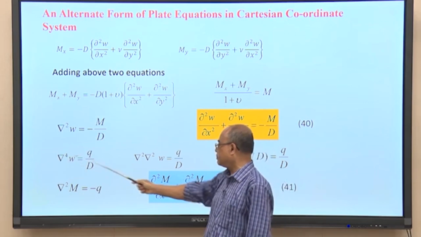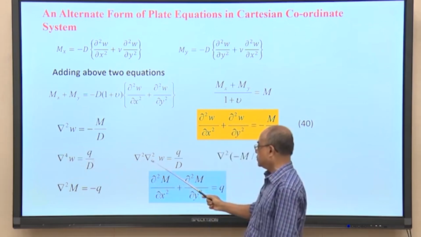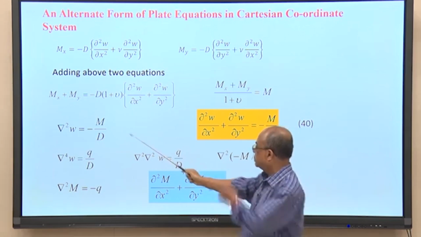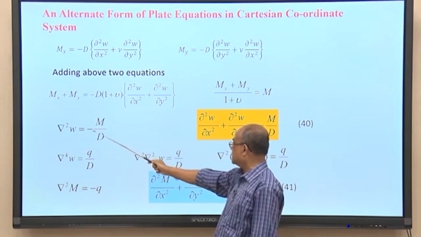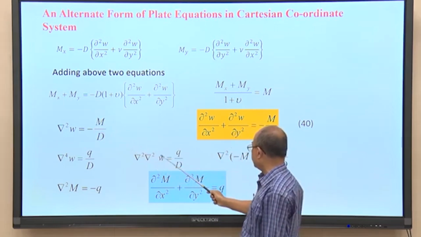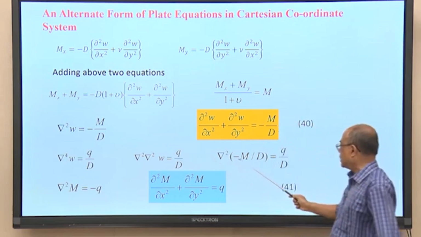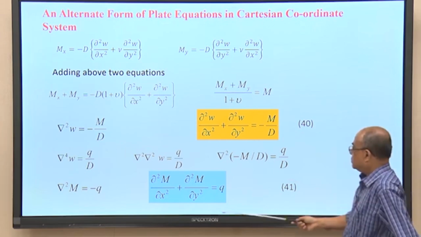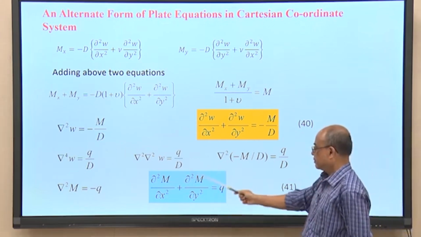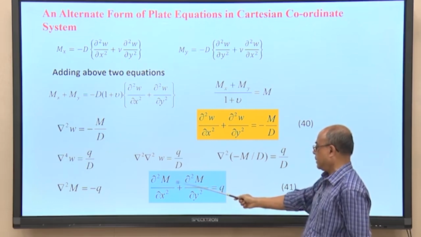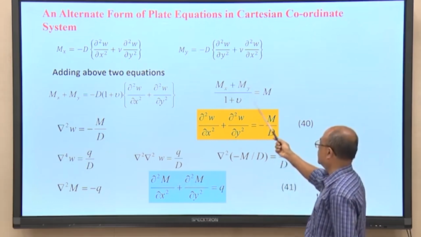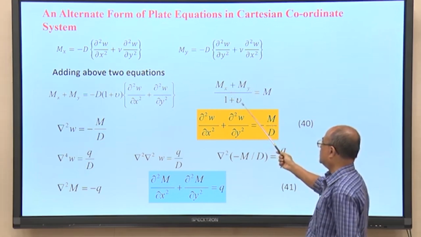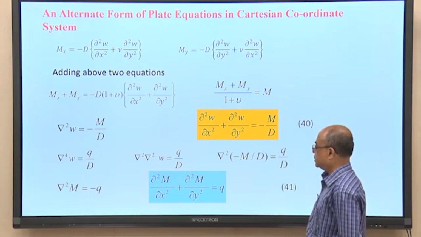Now, this can be broken up as del square into del square W equal to Q by D. Del square W we will take from this equation, so we can write del square of (minus M by D) equal to Q by D. That gives you another second order equation, but involving the variable M. M is the summation of bending moments in x direction and y direction divided by 1 plus nu, where nu is the Poisson ratio.